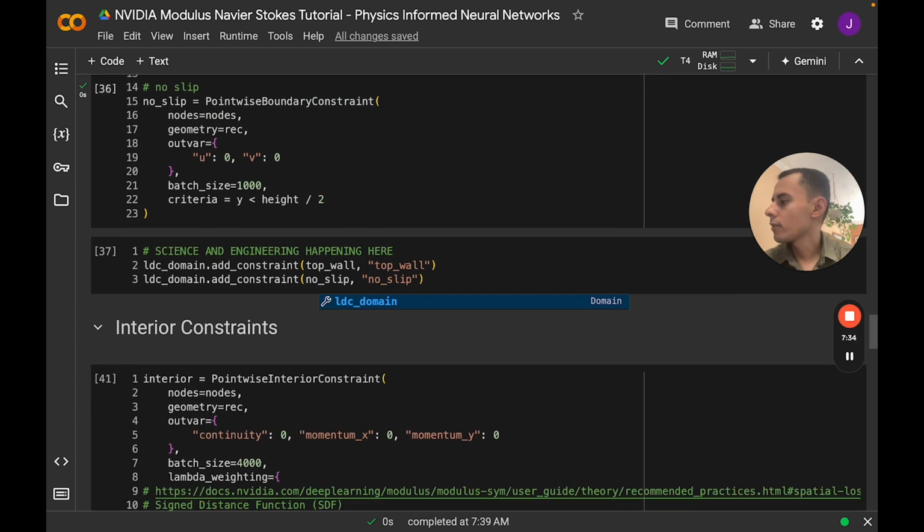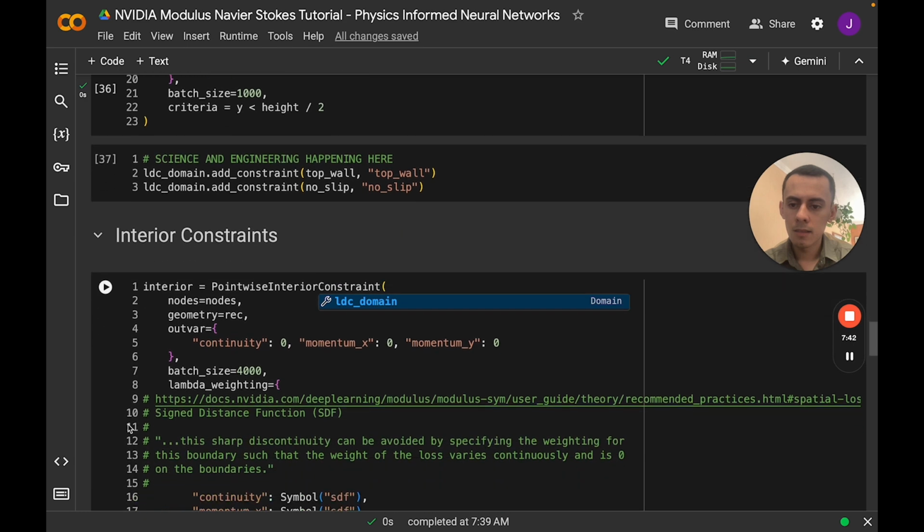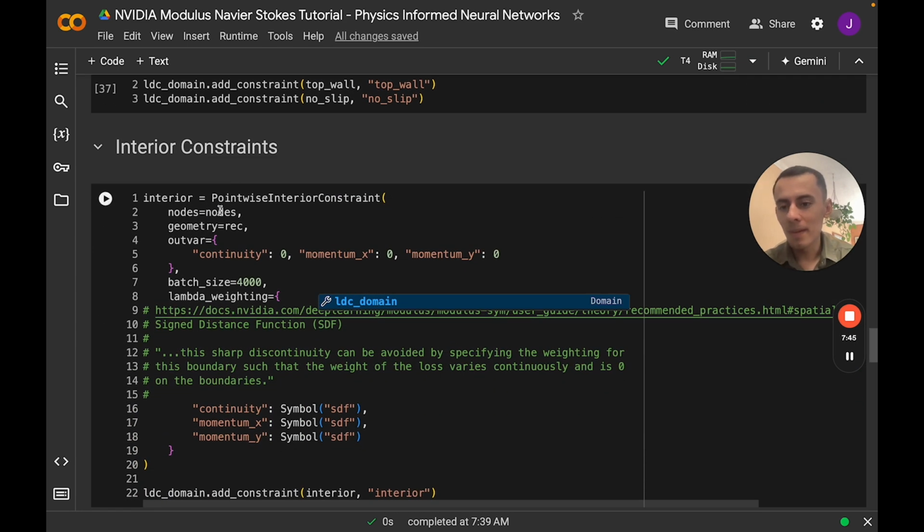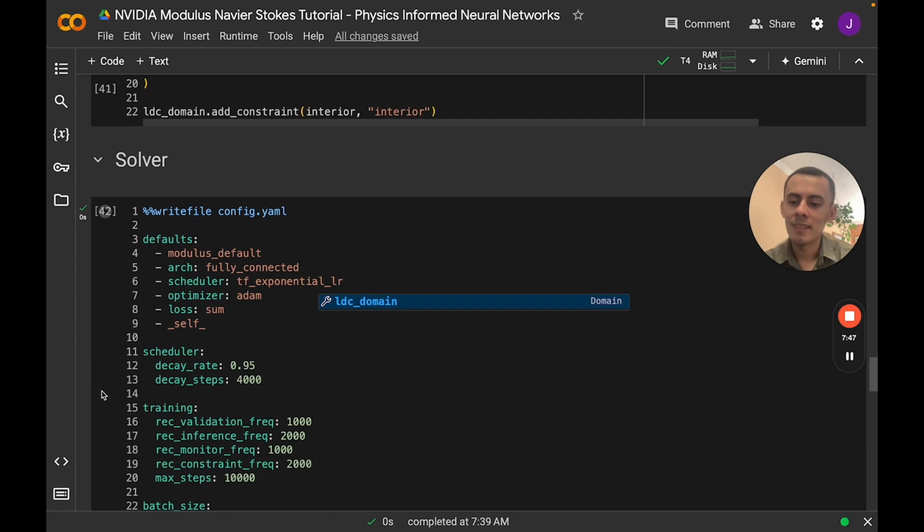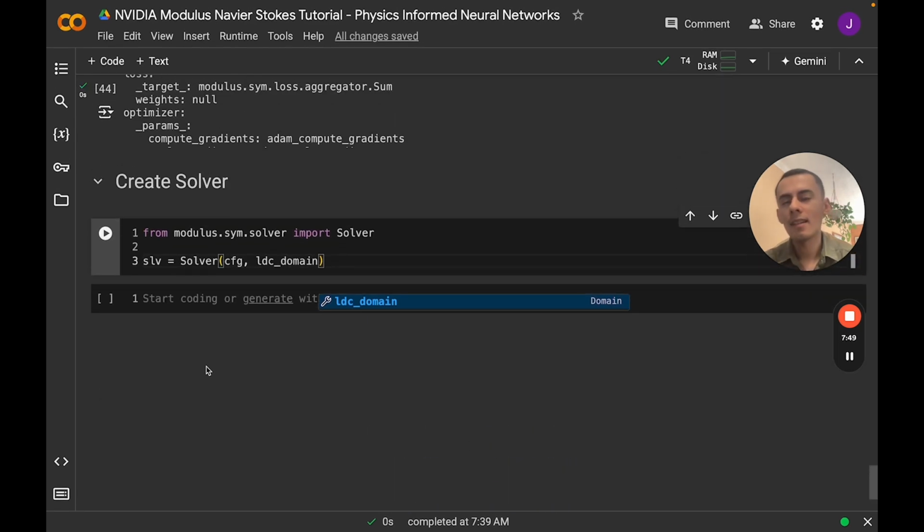And to the LDC domain, we passed... oh, it's to the constraints that we pass the nodes and the geometry. The nodes have the partial differential equation and the neural network architecture.